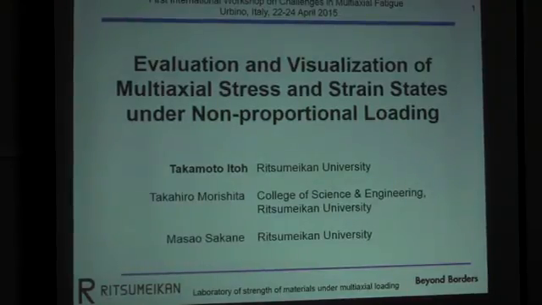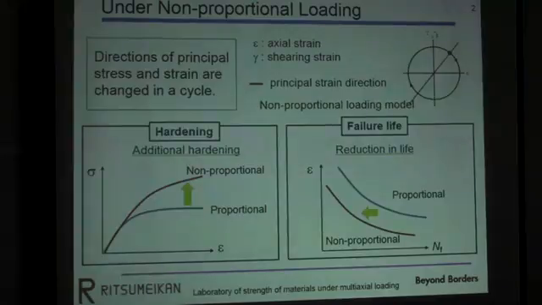So today I will talk about two topics shown here: the evaluation of and the visualization of stress and strain state under non-proportional loading. I think all of you already know that under strain-controlled non-proportional loading, additional hardening occurs, and we can also see a drastic reduction in failure life.